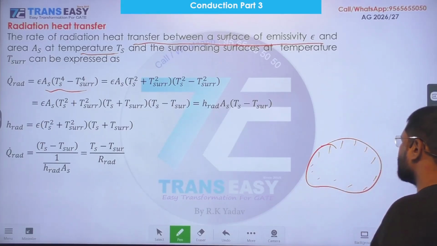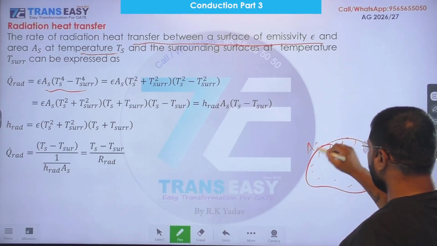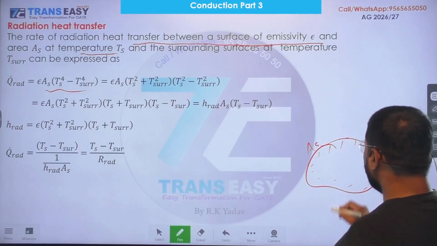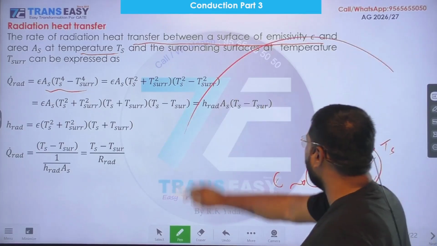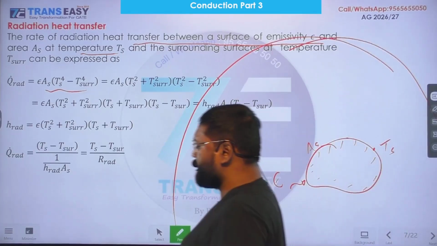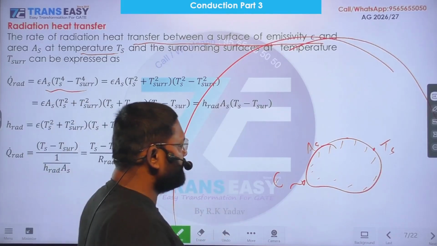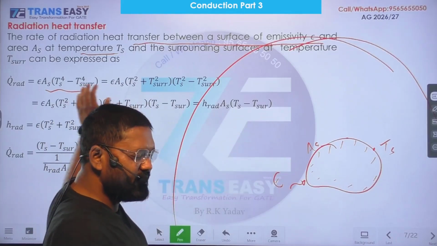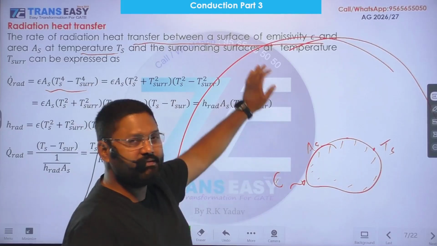Dear friends, its surface area is As, temperature of the surface is Ts, its emissivity is epsilon, and we have a large enclosure. Later we will see why we are taking such an example, because for this condition, this is the expression for radiative heat exchange between surface and surrounding.